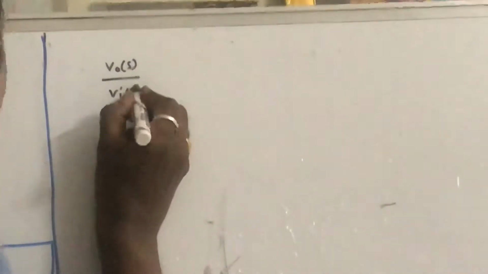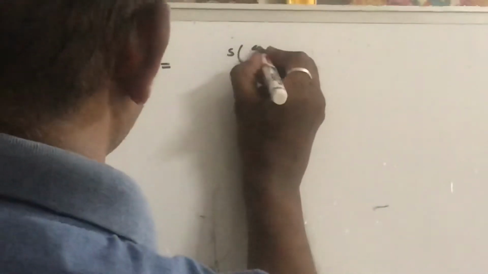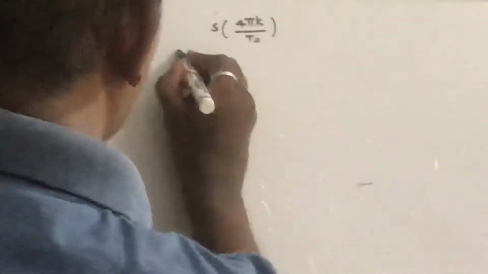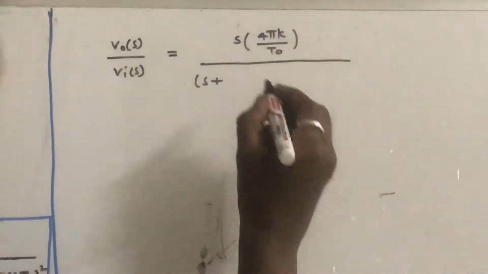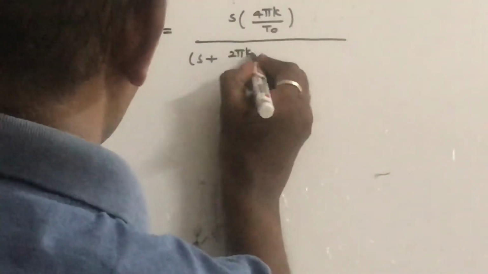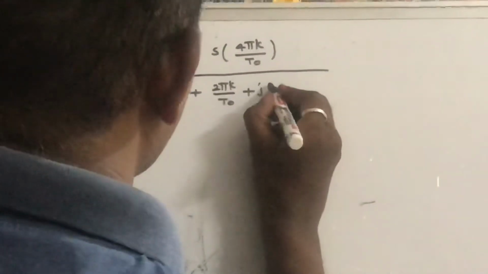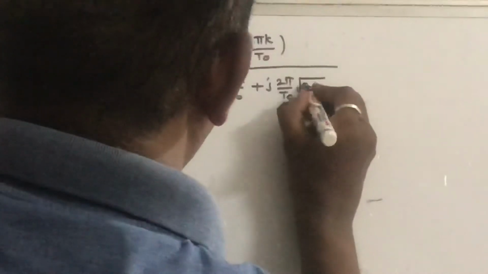Therefore what we write is V0 of S by Vi of S equal to S into 4 pi k by t naught, and the denominator is written as S plus 2 pi k by t naught plus j into 2 pi by t naught into square root of 1 minus k square.